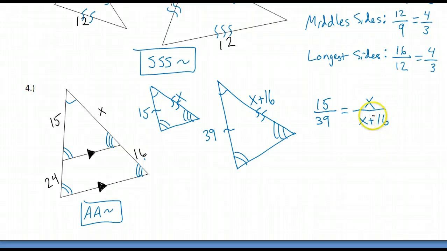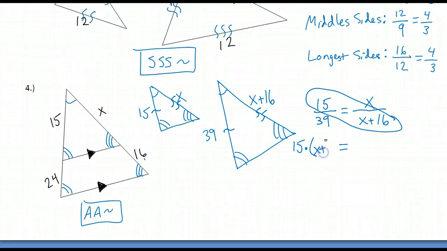Now I need to cross multiply. Drop down my equal sign, and I'm going to have 15 times x plus 16, and I need to put x plus 16 in parentheses, equals 39 times x.